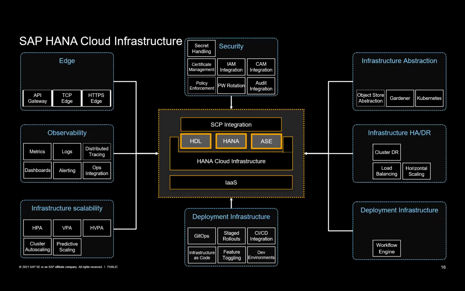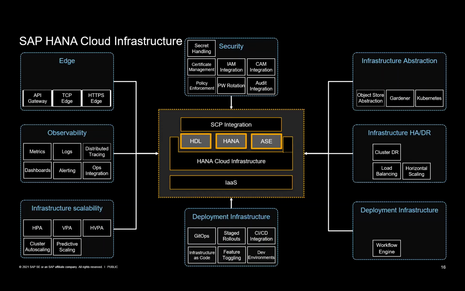I'm going to skip over the infrastructure scalability, but I will just say, if you look at the top right infrastructure, we run a Kubernetes-based cloud service. On top of Kubernetes, there's a project that SAP runs called Gardener, which means that you can try to run Kubernetes across cloud providers from AWS to Azure to Google Cloud Platform.